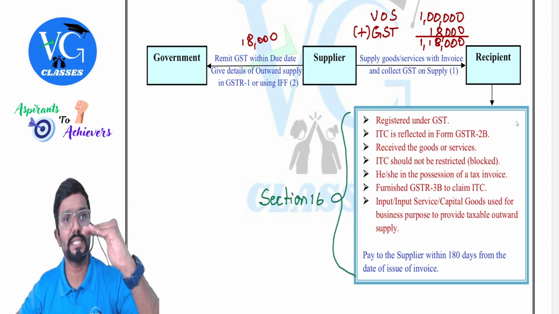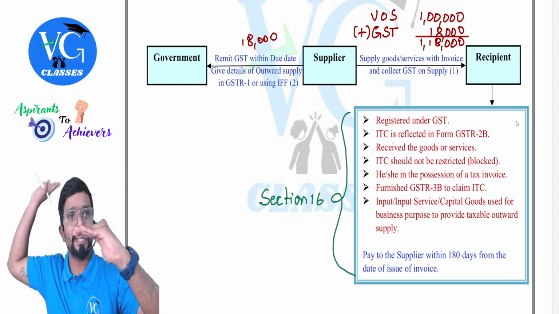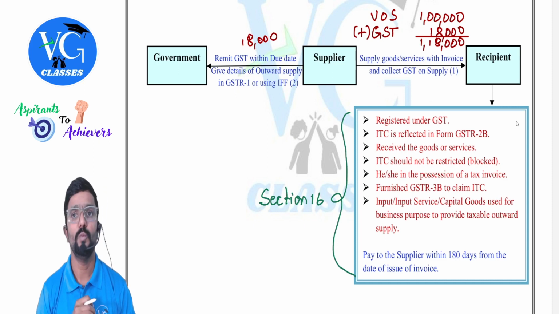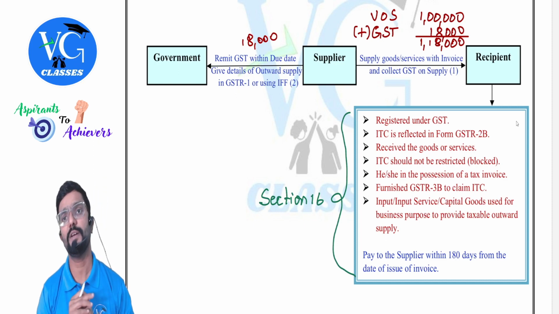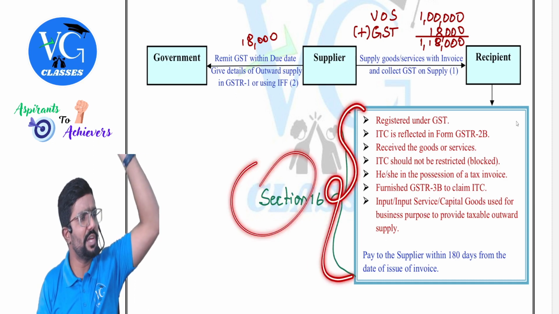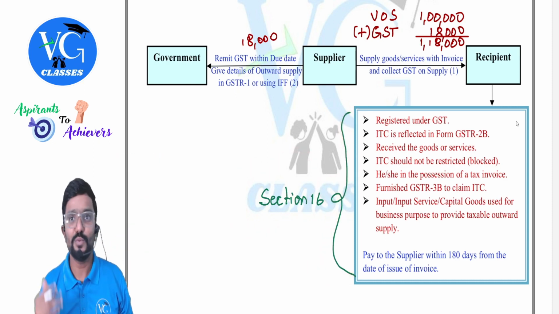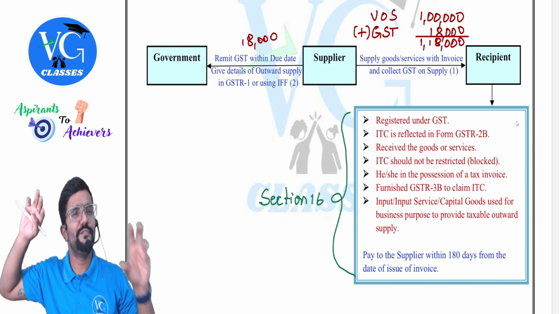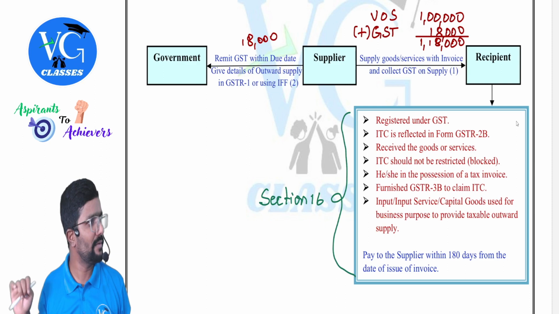Means in section 16 itself they are telling, if it is blocked or restricted in 17, we will not give the credit, guys, because the supplier might tell, we have satisfied all the conditions in section 16, give me the credit. And that was the intention of the supplier. So in 17, they have given a few cases where credit is blocked or is not available.